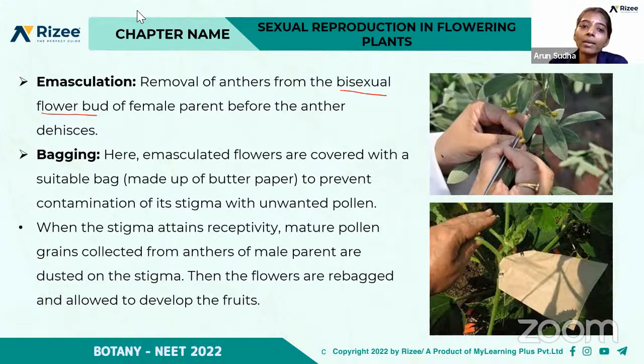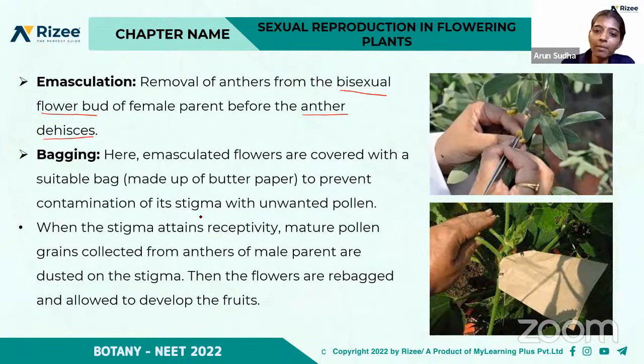In the case of a bisexual flower, we have both the male and the female reproductive structures. So in emasculation, we are removing the anthers from the bisexual flower bud of the female parent before the anther dehisces. So only the female part of the plant will be present, right?